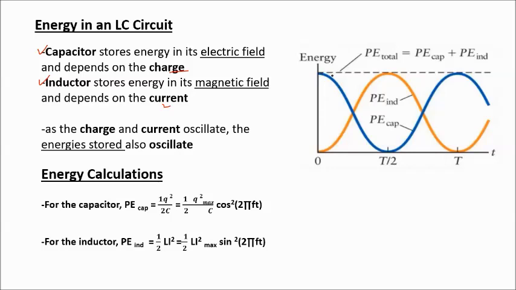So, kung makita niyo itong blue graph is the potential energy of the capacitor. We also have the potential energy of the inductor. So potential energy total is potential energy of the capacitor and potential energy of the inductor. So to compute for that potential energy ng capacitor, we have this one, and sa inductor ito.